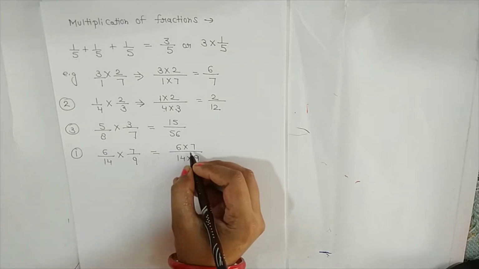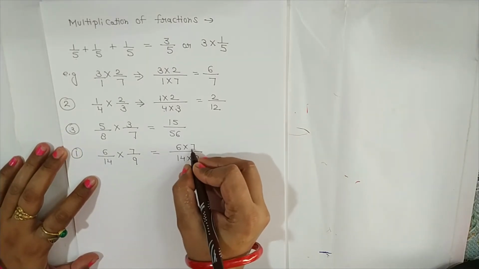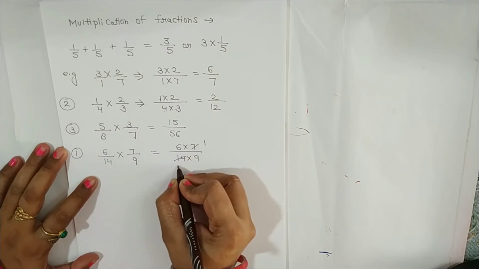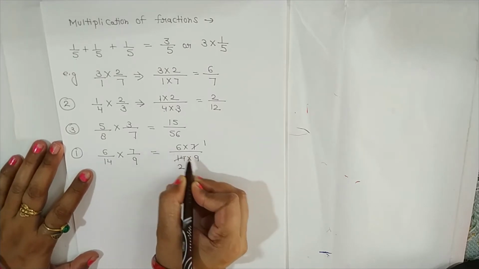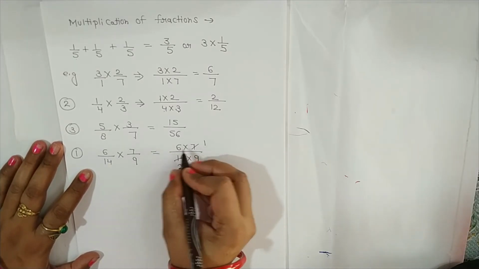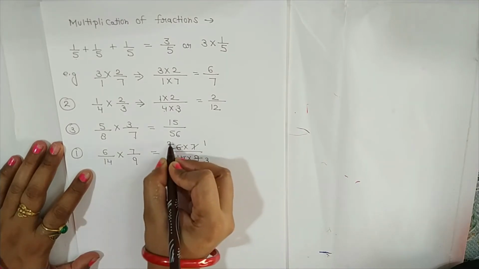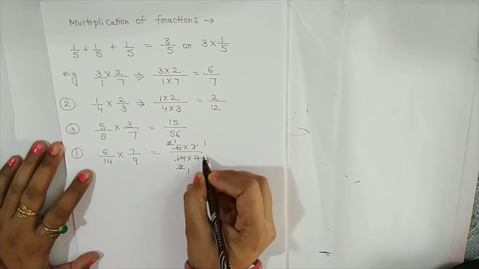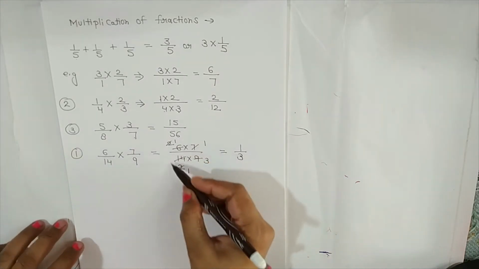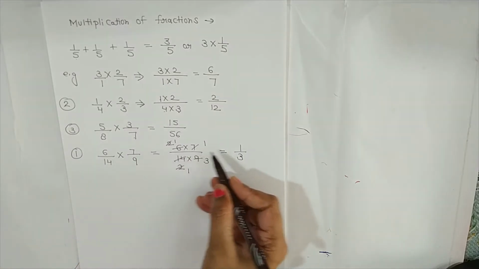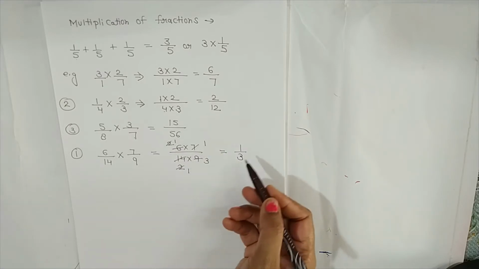Here you can see in the 7 table 14 will be there, so we can reduce it: 7 ones are 7, 7 twos are 14. Now in the table of 3, 6 and 9 will be there, so it will be reduced: 3 twos are 6, 3 threes are 9, and 2 ones are 2 and 2 ones are 2. So the final answer will be 1 upon 3. So first you have to simplify, then multiply numerator by numerator and denominator by denominator.